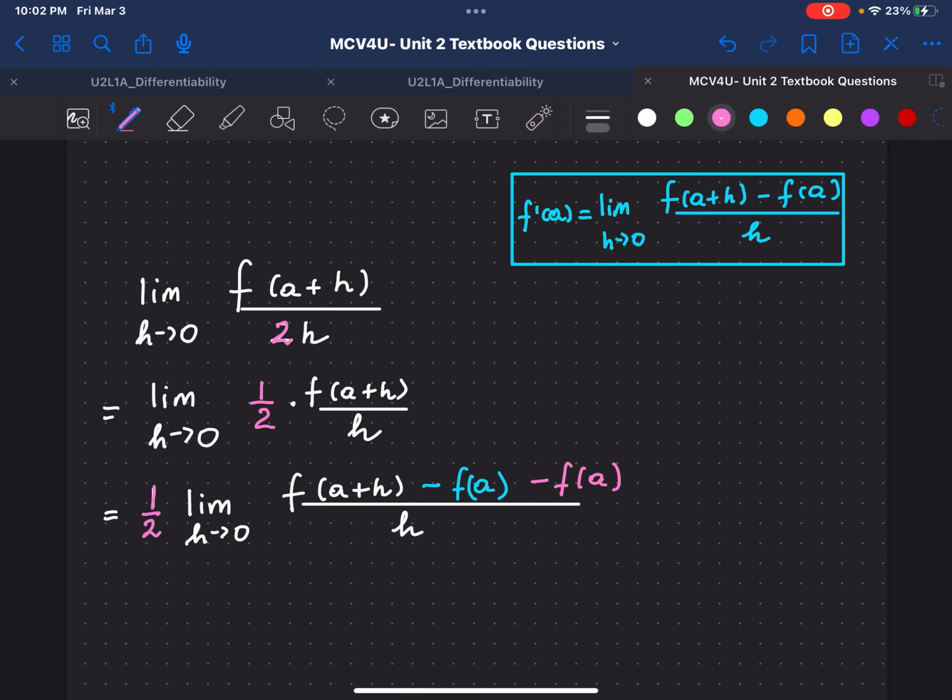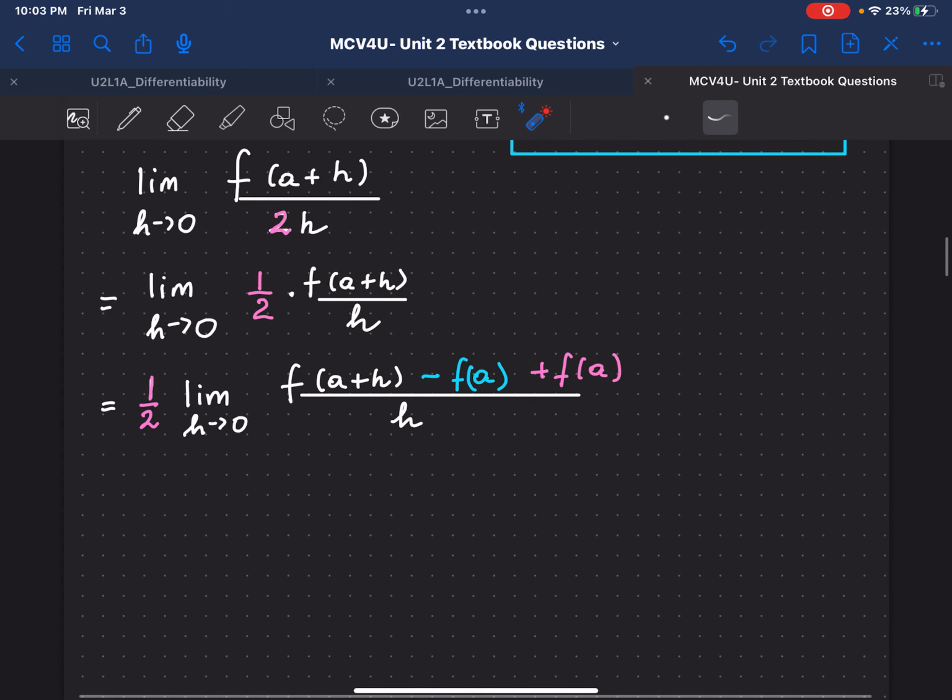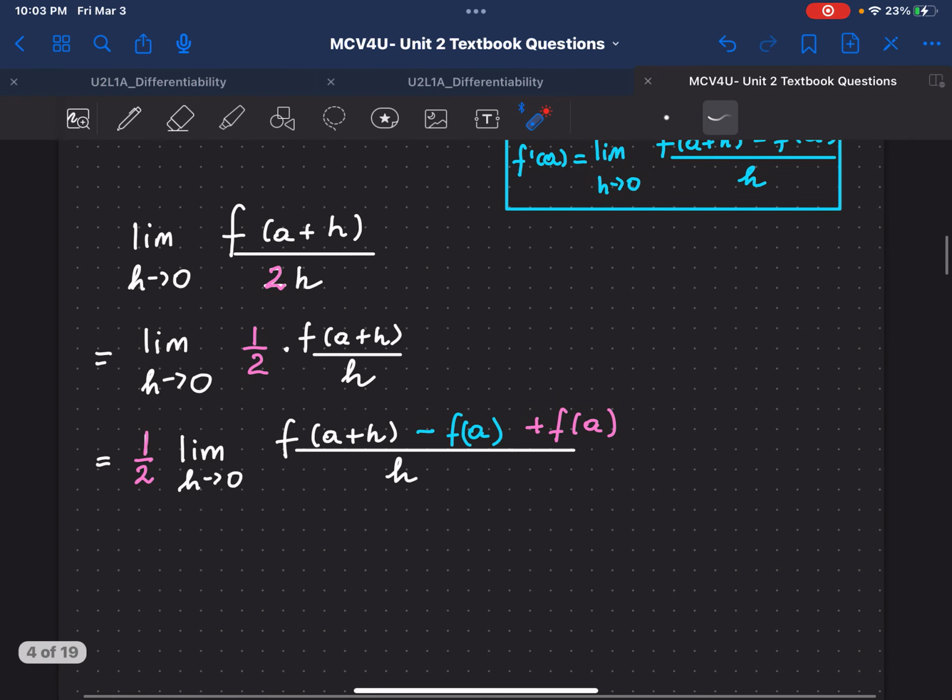In this way, we have added the number 0. If you look at it now, we have the first principles formula right here. That would be the derivative. But then we have f of a divided by h, so even if we were to split this, we would be unable to.